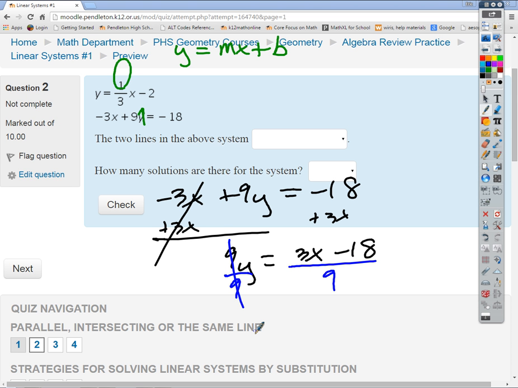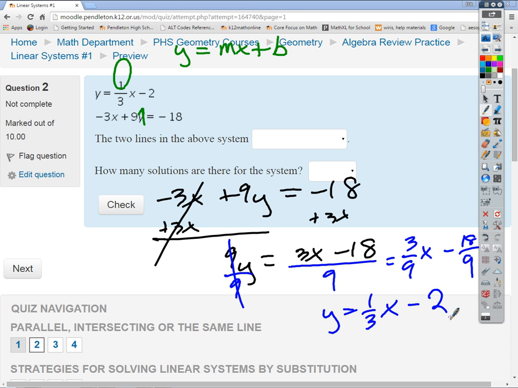I can simplify, but even before I do that, I can always take a common denominator and split it up among the separate fractions, right? So I could write this as 3/9, and I can pull the x out if I want to, that's fine, right? Minus 18 over 9. So what does 3/9 simplify to? So I got my 1/3 x minus 2.